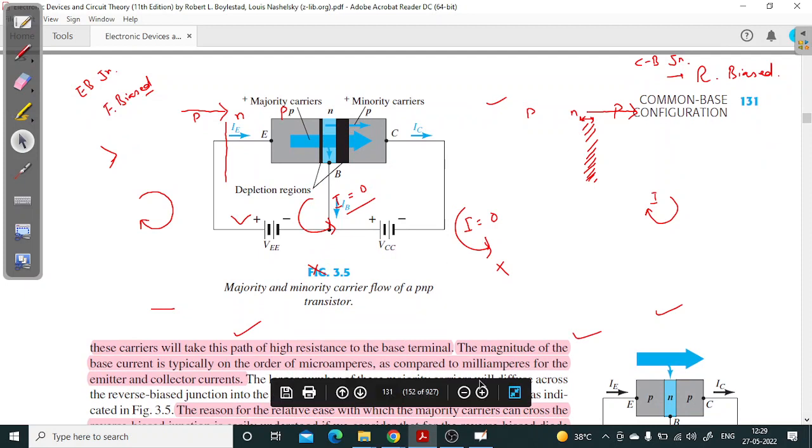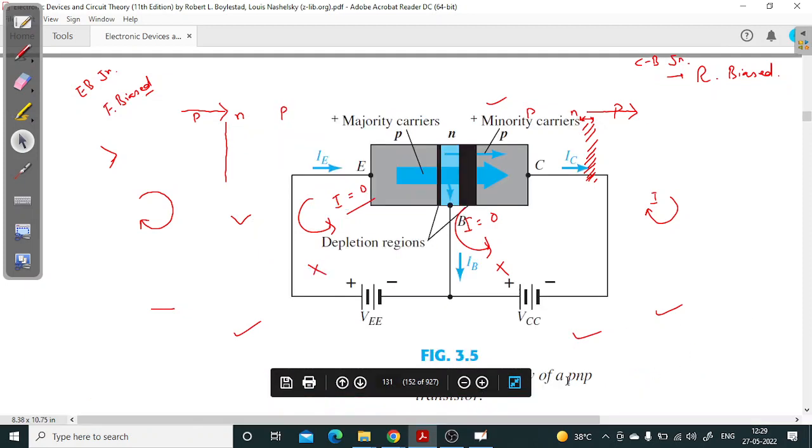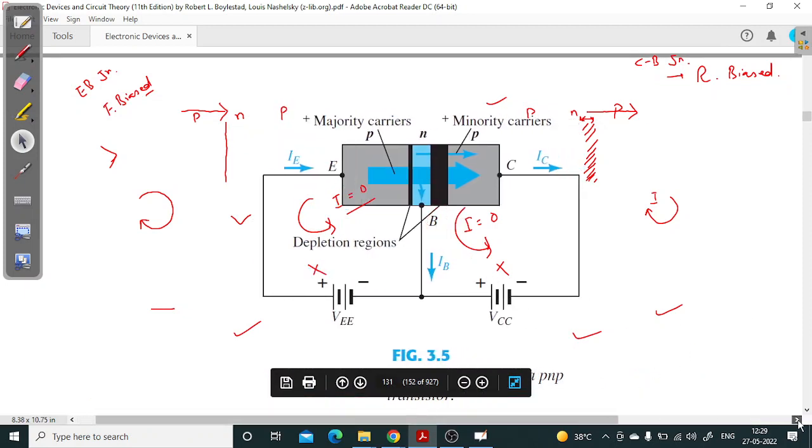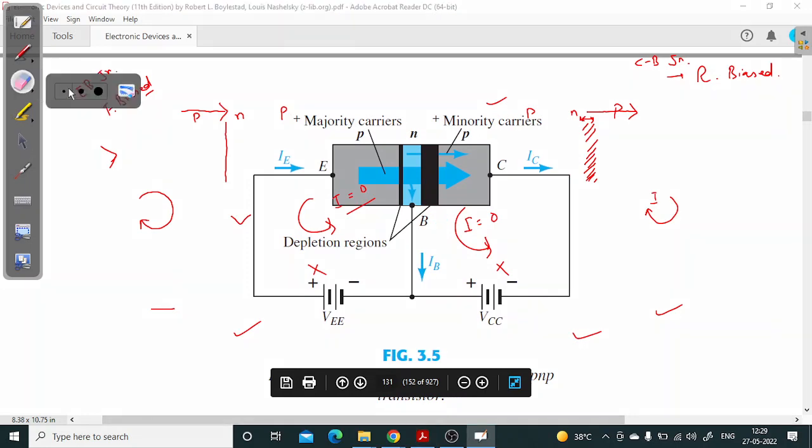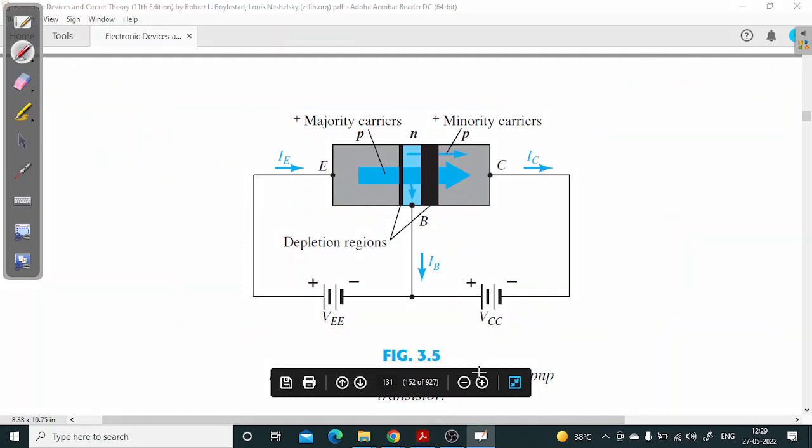Okay, now come here. Let us combine those two conditions. Here VEE is making the emitter base junction forward biased, and VCC is making the collector base junction reverse biased.